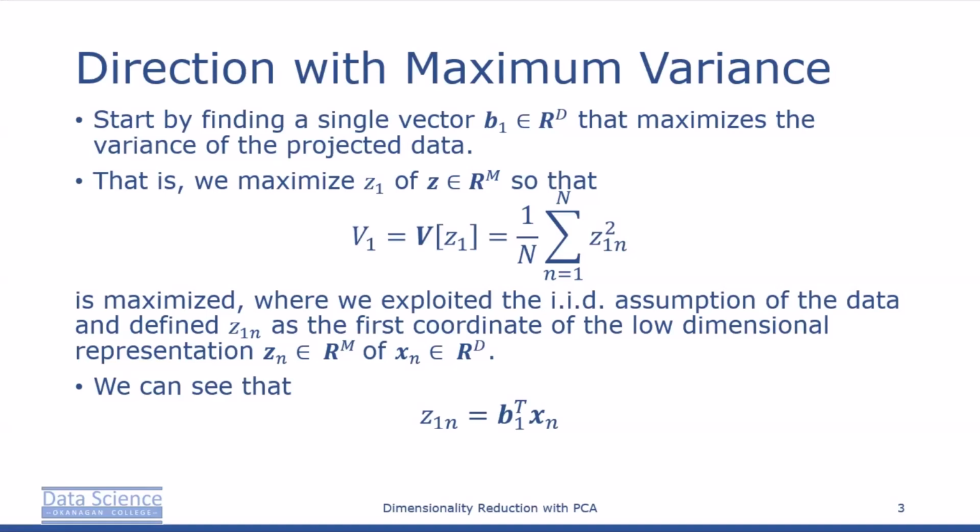That is, we aim to maximize the variance of the first coordinate, z1, of z in m-dimensional space, so that v1 equals the variance of z1, which is 1 over n times the sum of z1n squared, is maximized, where we exploited the independent and identically distributed assumption of the data and defined z1n as the first coordinate of the low-dimensional representation zn in m-dimensional space of xn in d-dimensional space.